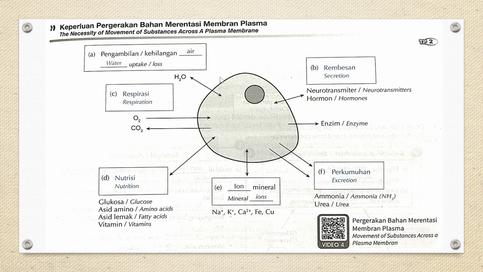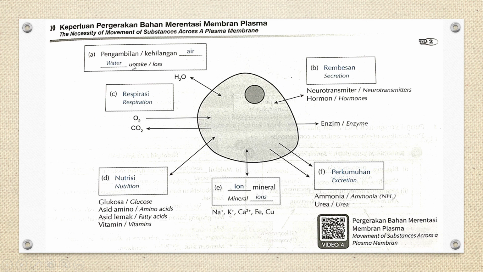Okay, so again, this is a cell. We have inside the cell over here the cytosol, the cytoplasm, and also the surroundings of the cell, which are the extracellular fluid. So you can see arrows in and out, and these explain the necessity of the movement of substances across a plasma membrane.